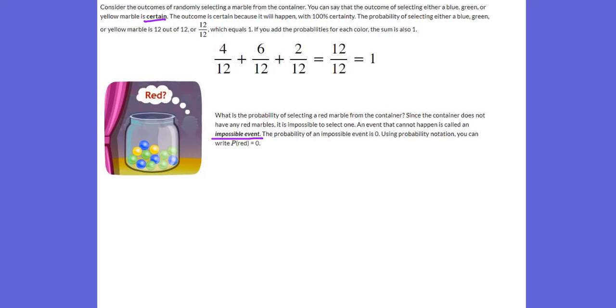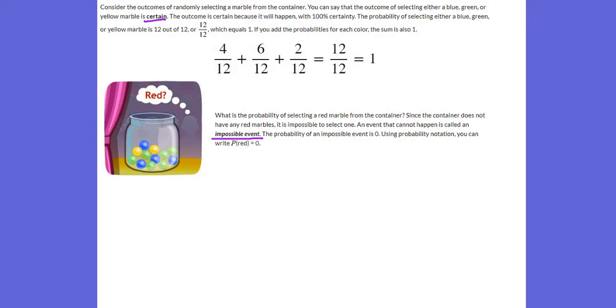And I flip that coin and I call heads. Is that a certain event or an impossible event? It's certain that it's going to land on heads. If I had a 2-sided head coin again and I flip it and I call tails, certain or impossible? Impossible.